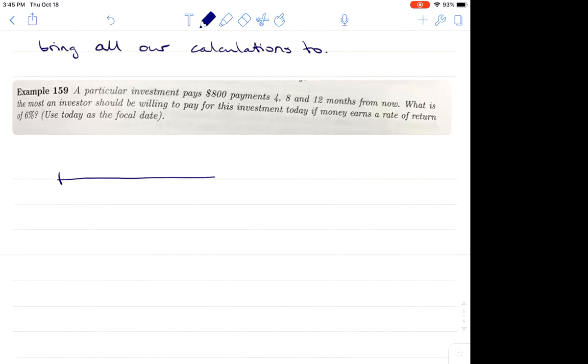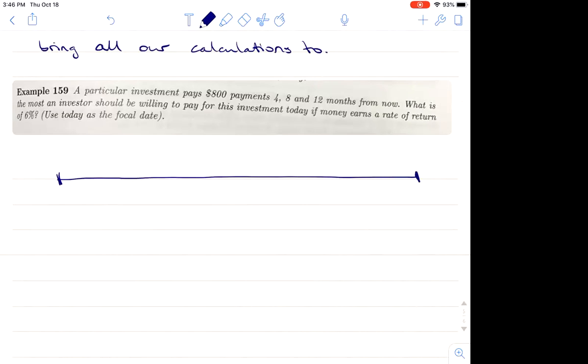Feels good. Right, so we start our timeline the same way every time. First thing we're going to do is figure out how many dates we have, because the number of dates is going to determine how many ticks we have on our timeline. So we know we have to use today as the focal date. So we're going to start today. That's going to be a tick.